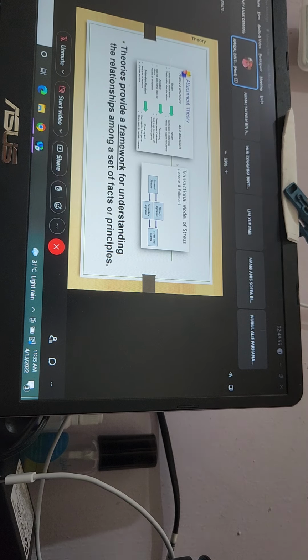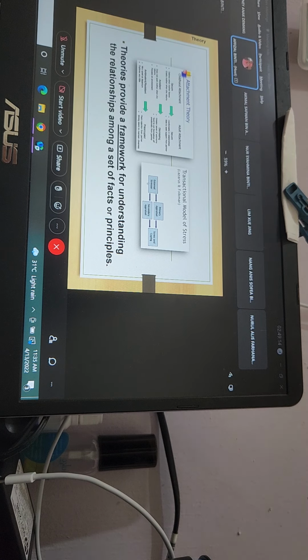Like this one, Lazarus and Folkman's theory. They talk about the transactional model of stress. It starts with identifying the external stressors. If you want to understand stress, the thing you need to focus on is also the stressor. What is the meaning of stressor? We will learn later in the stress topic.